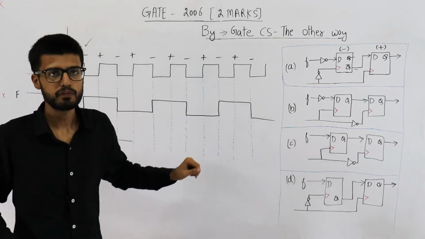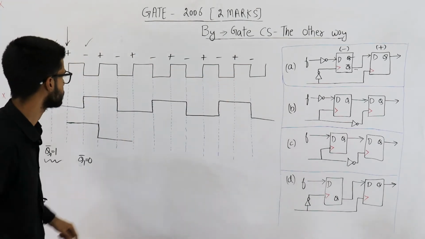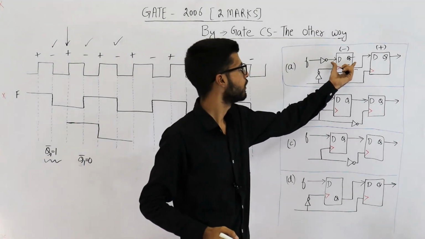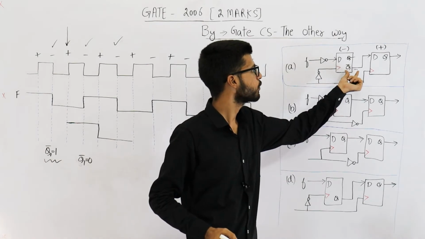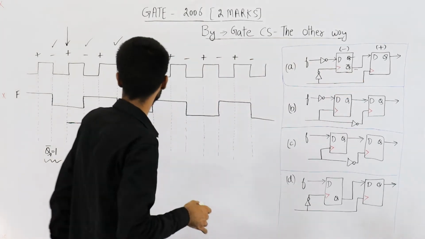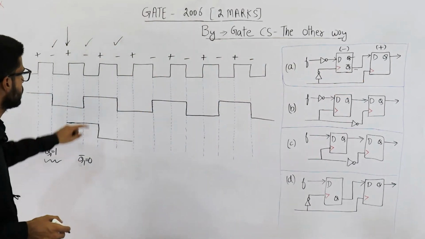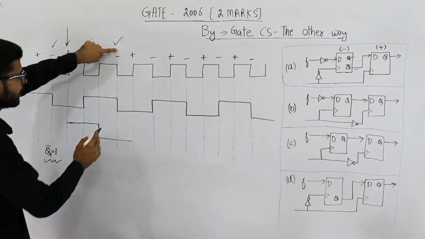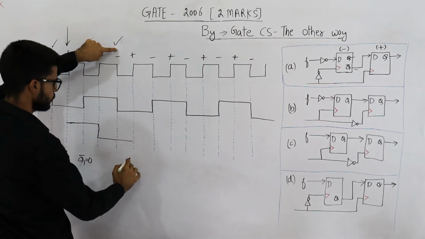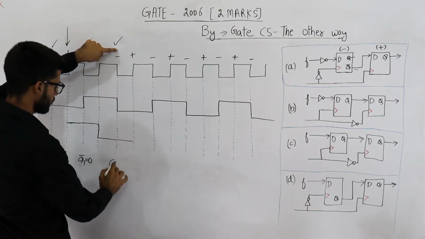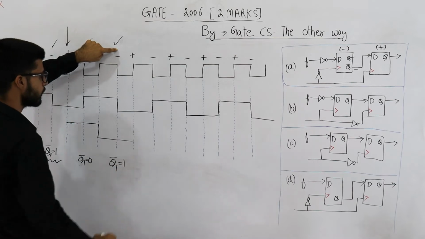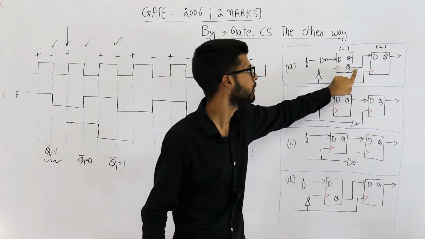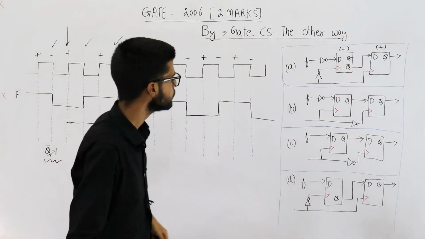The second or the final flip-flop will only react here. But at this point of time, the first flip-flop is going to react. Whatever is the value of F, that will be present in Q complement. Okay. So at negative edge, that means here, whatever is F is 1. Okay. So at this point, Q1 complement will be 1. This flip-flop will react to the input F and this will be made 1, Q complement.